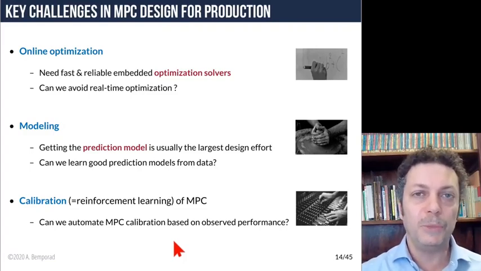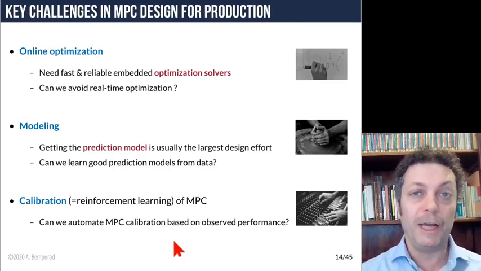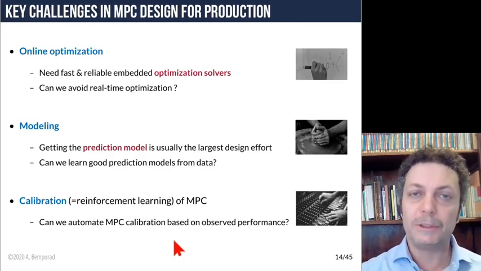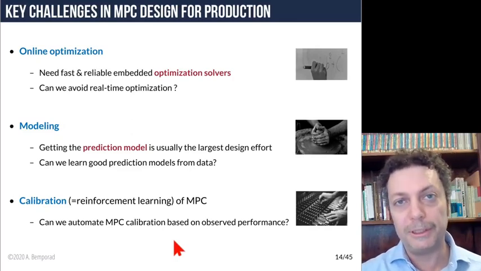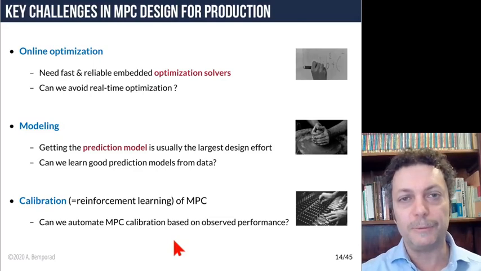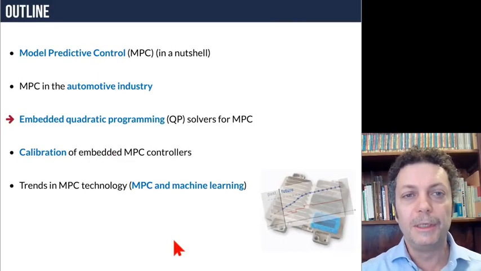We can come up with a design rather quickly, maybe in simulation, but then when it comes to the real engine or to the vehicle, we need to calibrate the controller. And this also can be a time-consuming task. So if we have tools to shorten calibration time, that's also good to push MPC for production.